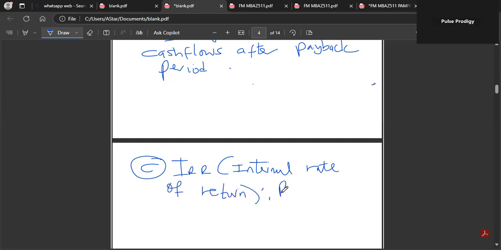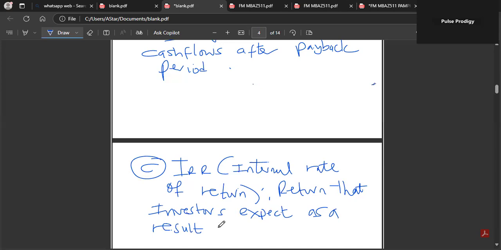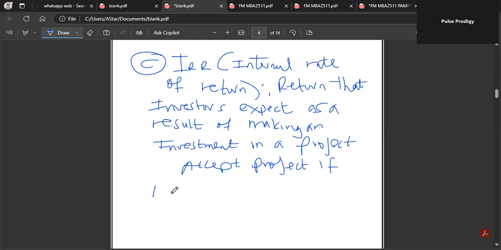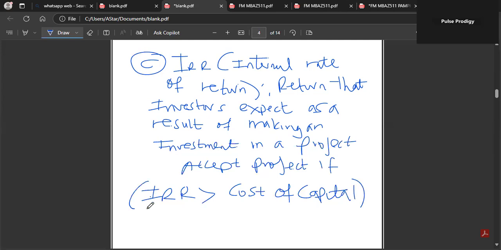This is just the return that investors expect as a result of making an investment in a project. Then accept the project if the internal rate of return is greater than the cost of capital. So this is the acceptance criteria.